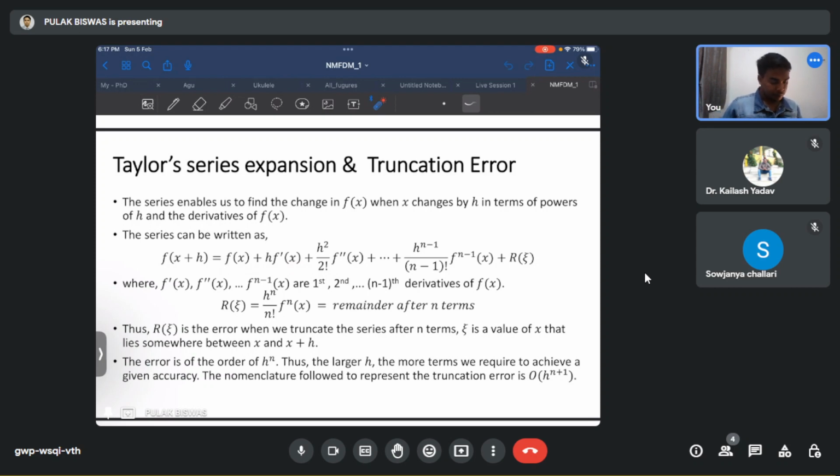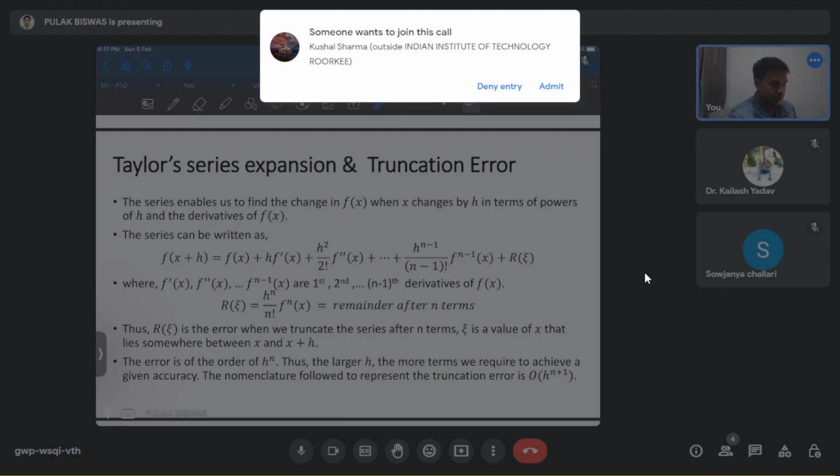And this remainder R is specified in terms of another variable xi, and remember that its value lies between x and x plus h. Look at the error: what is the order of the error? The order of the error comes as h to the power n.